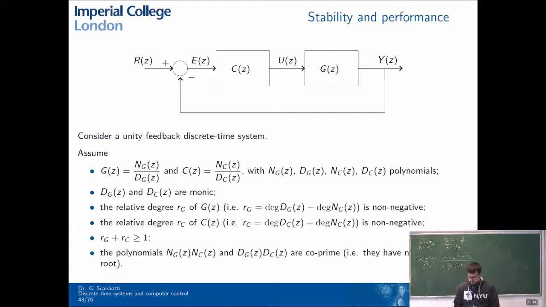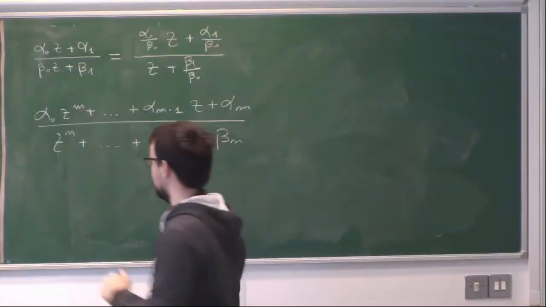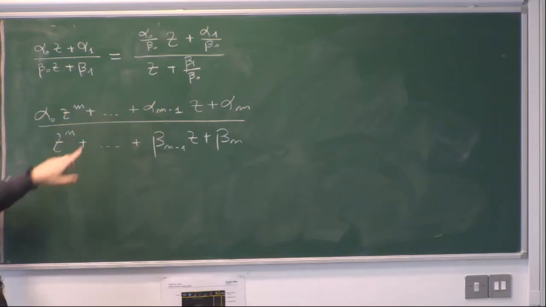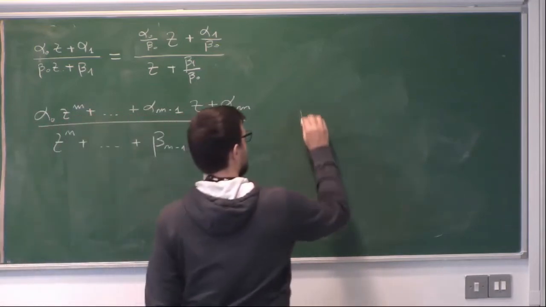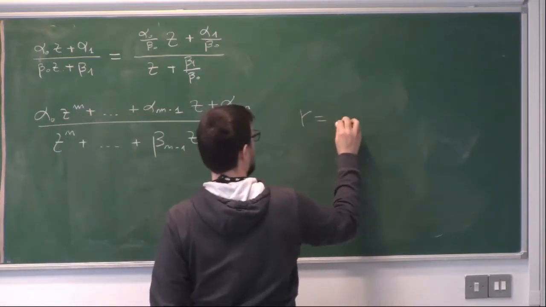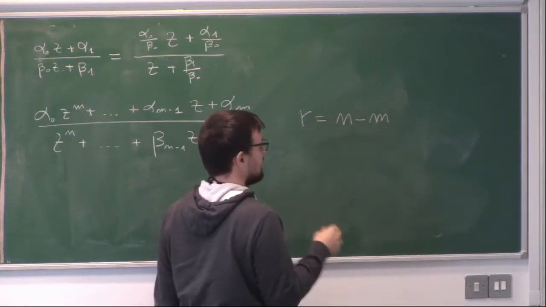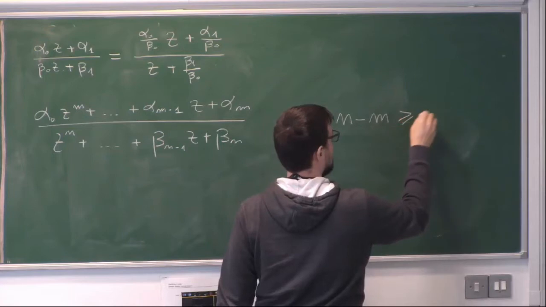So going back to the slide, the other assumption that we make is that the relative degree of G and the relative degree of C are non-negative. So this means that if we look at a fraction like this, we see that the degree of the numerator is m, the degree of the denominator is n, then the relative degree of this polynomial is defined as n minus m, and we assume that this relative degree is non-negative, so greater or equal than 0.